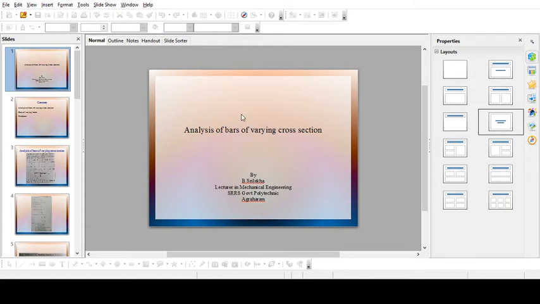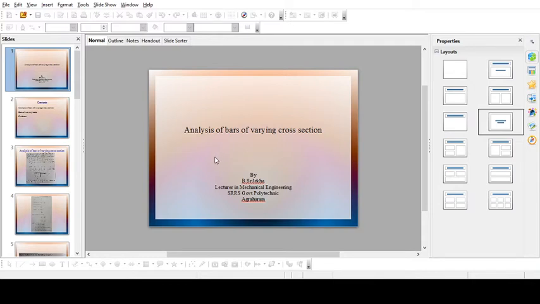Therefore change in length is equal to stress by modulus of elasticity into original length. Instead of stress we are substituting P by A2. So the entire formula becomes P L2 by A2 E.